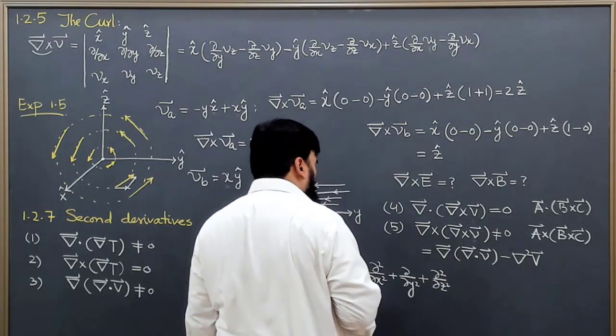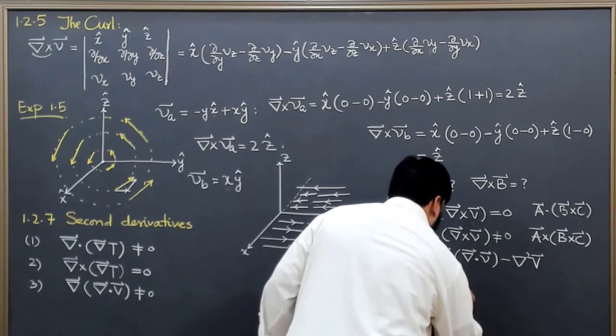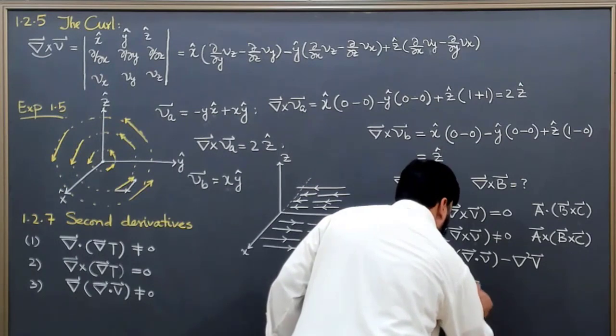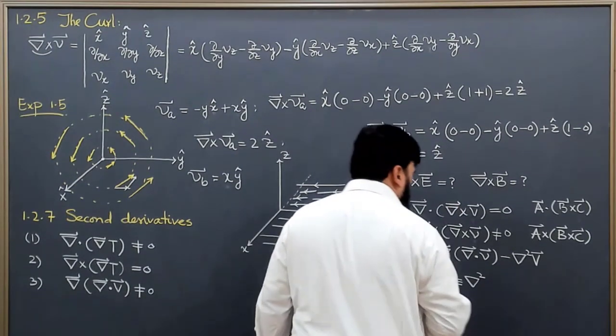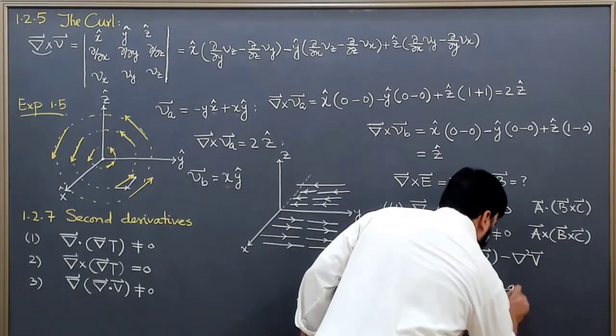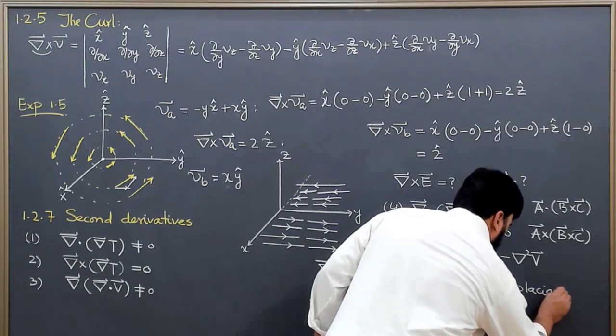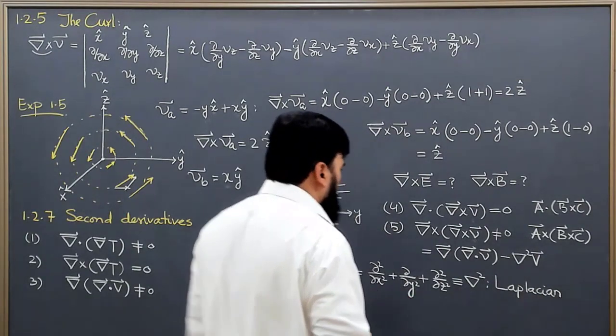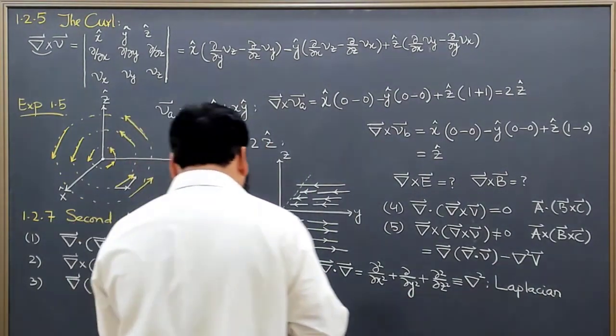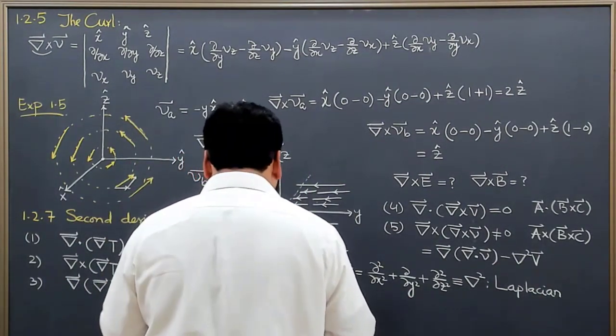So it is a double partial derivative. We define this with del squared, and we call this an operator, named after Laplace, and it is called the Laplacian. So this is another thing that we have.